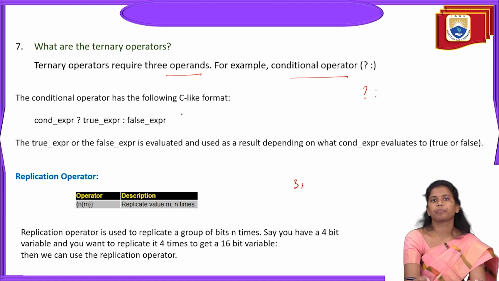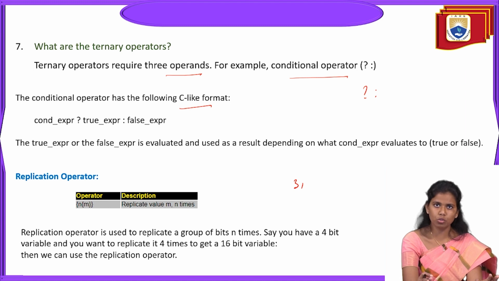Why are we comparing it with C-like format? Because Verilog is very close to the C language. We can easily find similarities when you compare the C language and the Verilog language. The C language is of course a software language, whereas Verilog is a hardware language, but we can see the similarities.